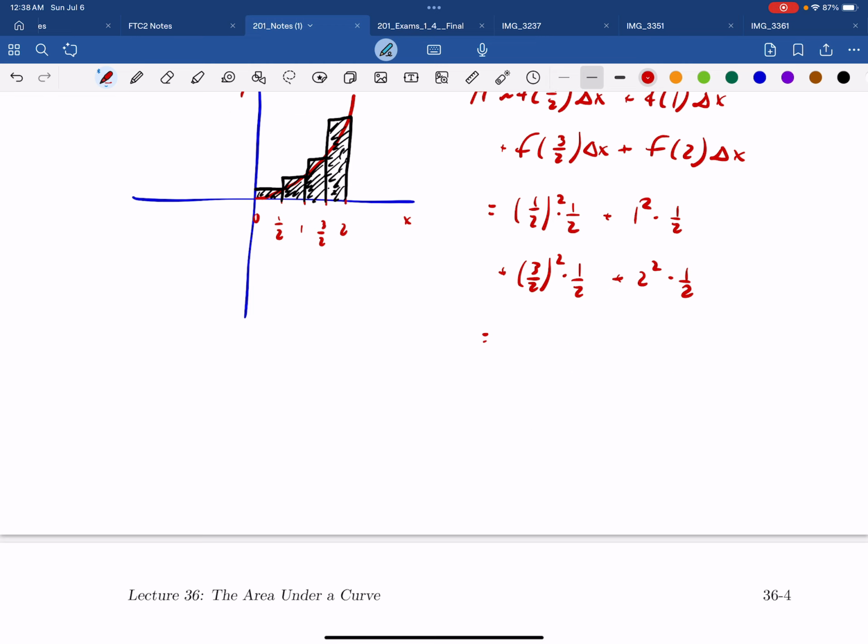And let's see what this gets us. This gets us 1/8 plus 1/2 plus 9/8 plus 2. So it equals 10/8, 14/8, 30/8, right? Because it's 16/8, 30/8, which is 15/4, I believe.